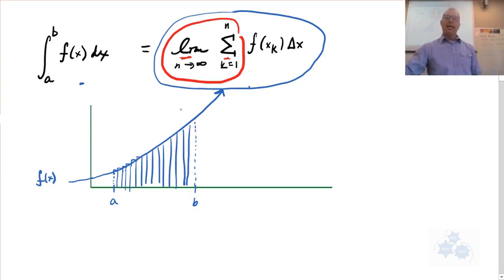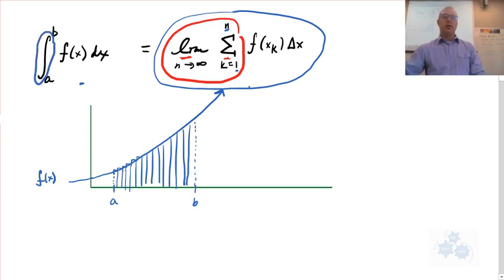If we let the number of rectangles approach infinity, those rectangles are getting super, super small and thin, and the width is approaching 0. So if we take n as it approaches infinity and add up all of the rectangles starting at the first one and going to the nth one, that's going to be the same as the integral.